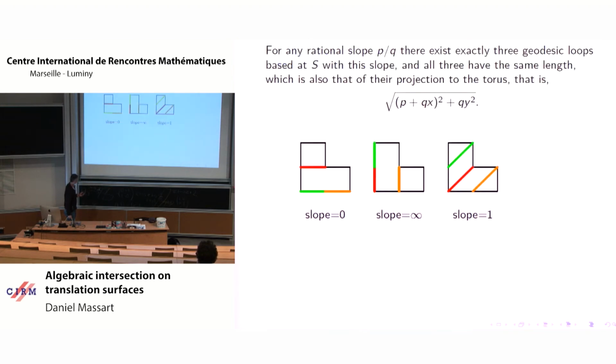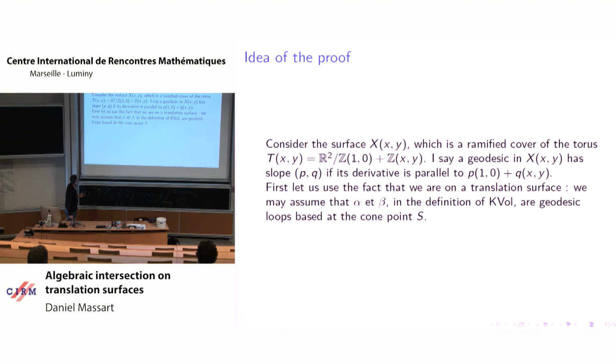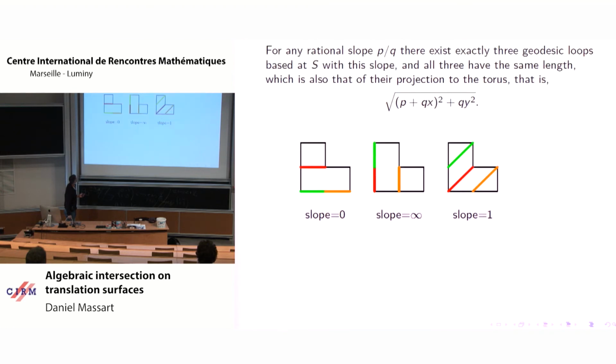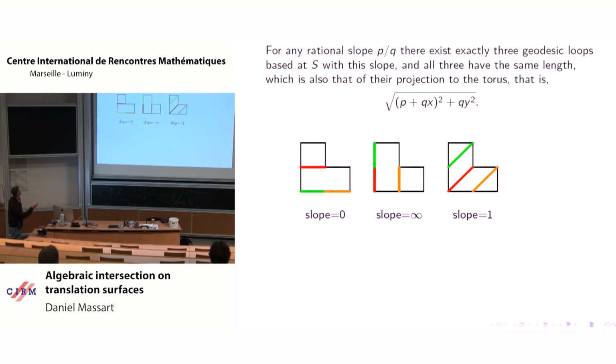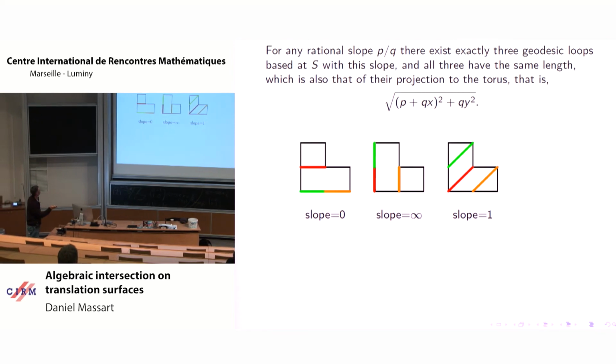Okay. Nothing special. So observe that if you take a rational slope, PQ, you have always three saddle connections, that is geodesics which go through the singular point, the conical point.